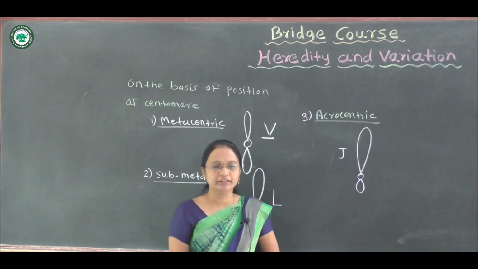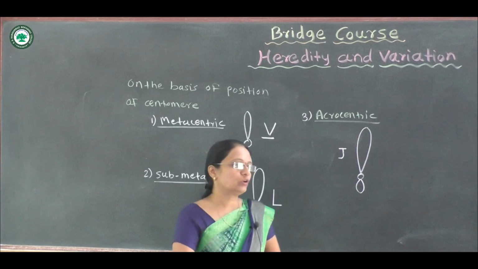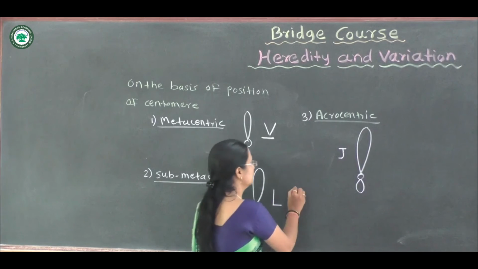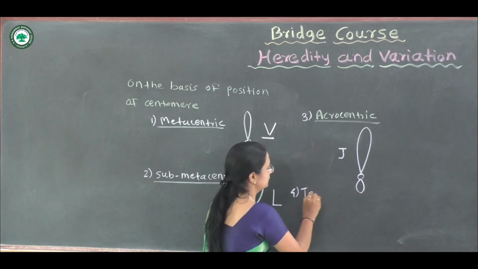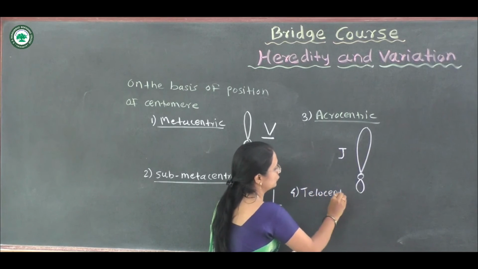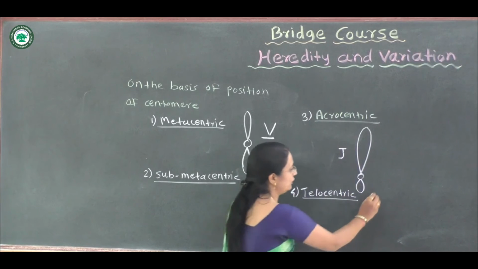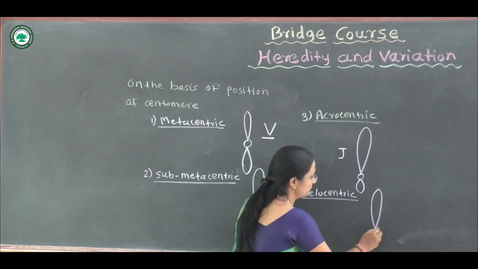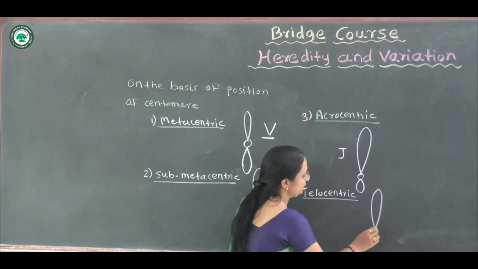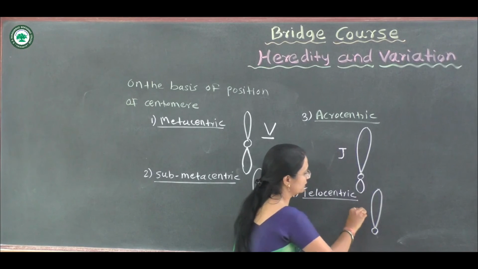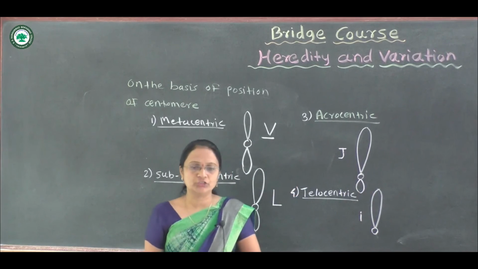The fourth type is the telocentric chromosome. In the telocentric chromosome, only one arm of the chromosome is present, the centromere is at the tip, and it appears as an I shape.